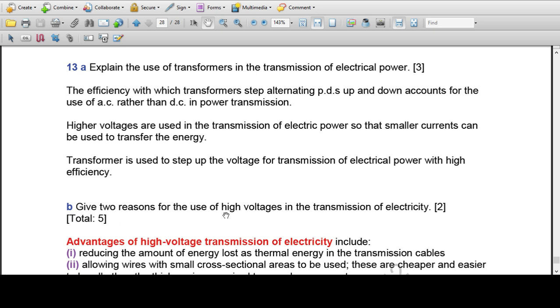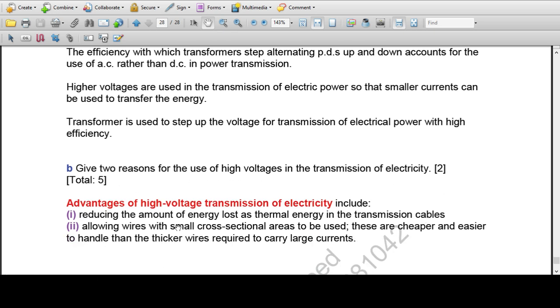Give two reasons for use of high voltage in a transmission system. First, reducing the amount of energy lost as thermal energy in a transmission system, because due to high voltage, the current on the transmission side will be reduced, and I squared R losses in the conductor will reduce, because the current is reduced due to high voltage on the secondary side.